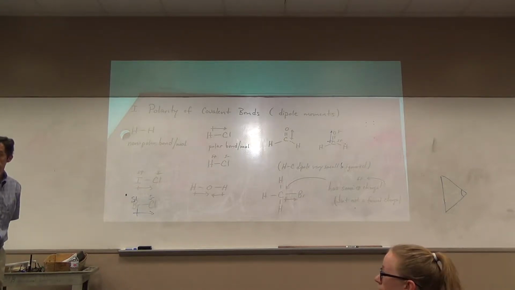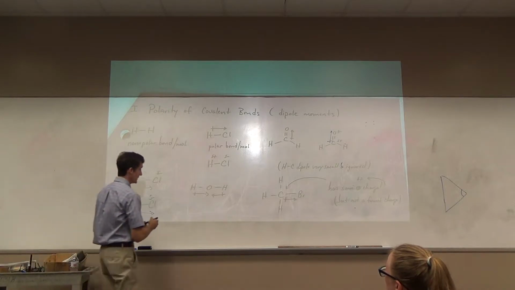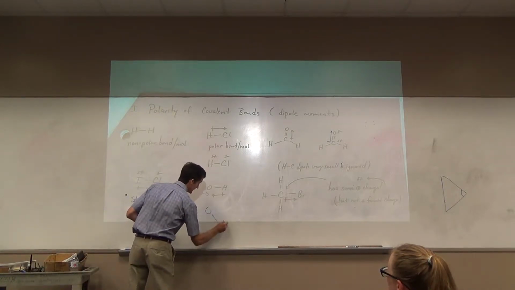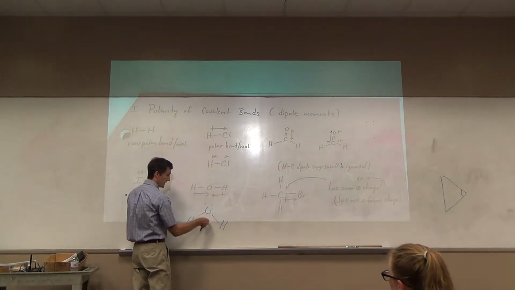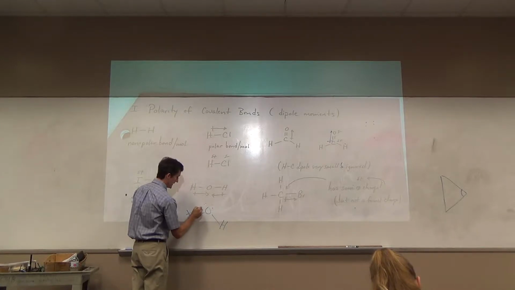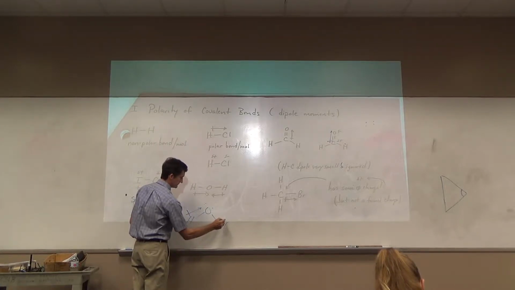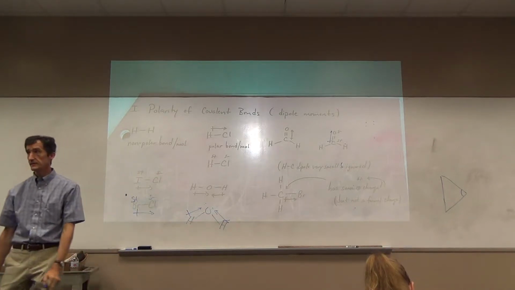Why not? That's not the right shape. Yes, you've got to know the correct shape. What's the correct shape of water? Tetrahedral, and that's 109.5 here. And so you've got two dipoles. These are equal, but they're not opposite.